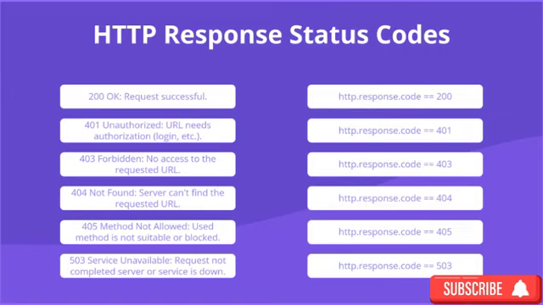HTTP response status codes: 200 OK, request successful; 401 Unauthorized, URL needs authorization; 403 Forbidden, no access to the requested URL; 404 Not Found, server can't find the requested URL; 405 Method Not Allowed, used method is not suitable or blocked; 503 Service Unavailable, request not completed, server or service is down.